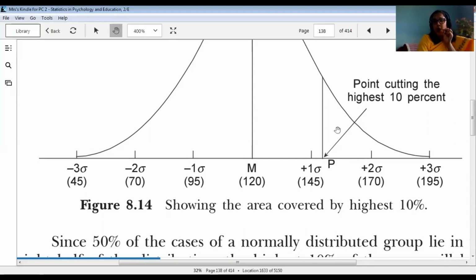Now we need to find out the point here. This point means it will be the lower score, the lower limit, and when we go to this side, it will be the higher and highest scores of that particular group or distribution.